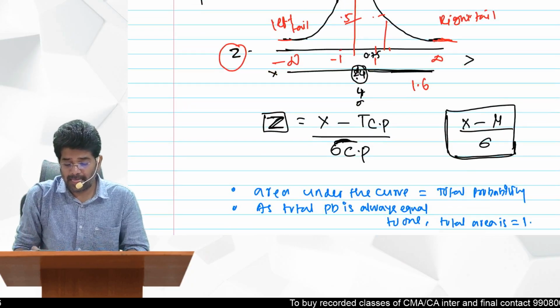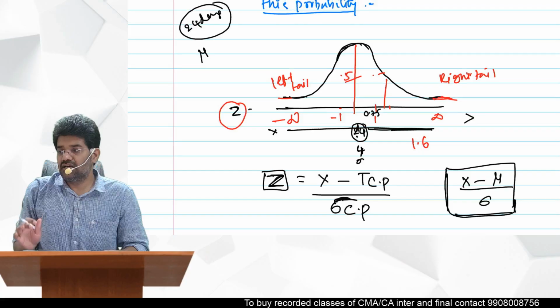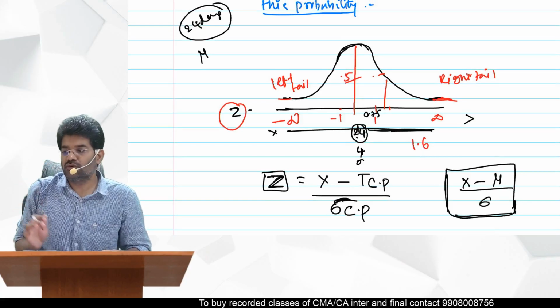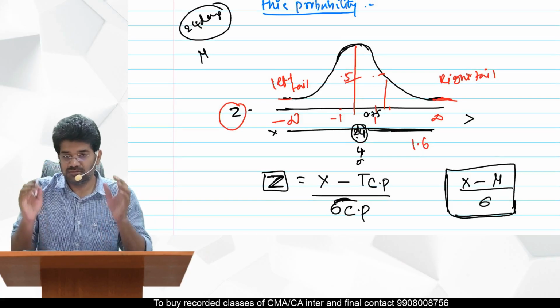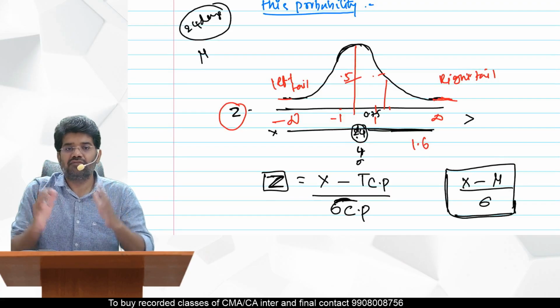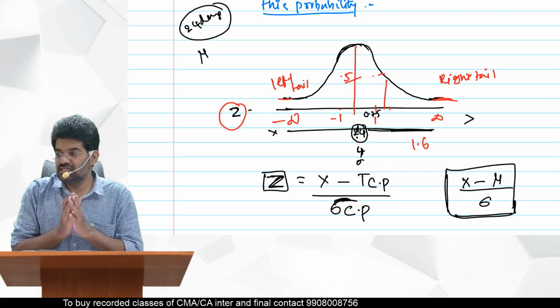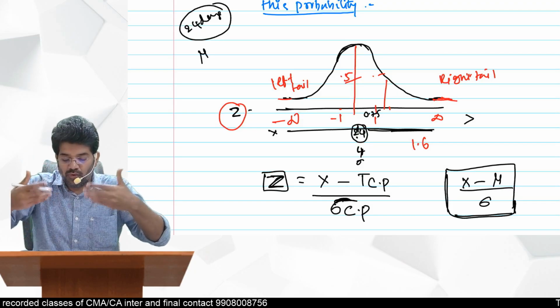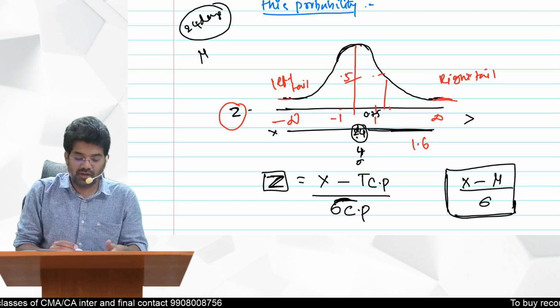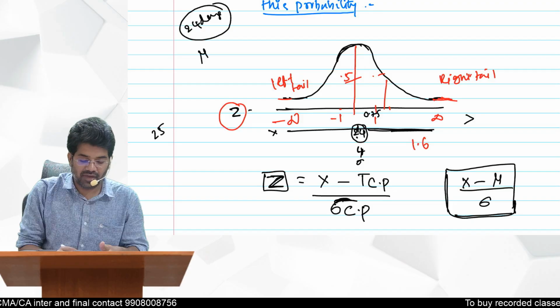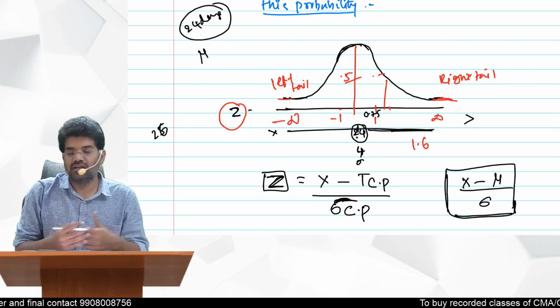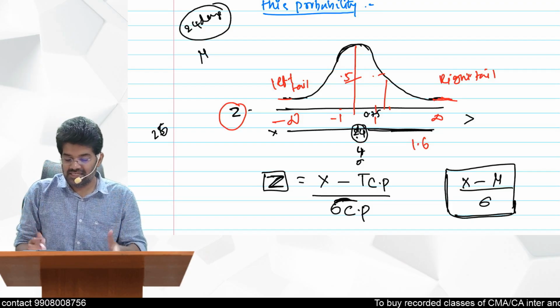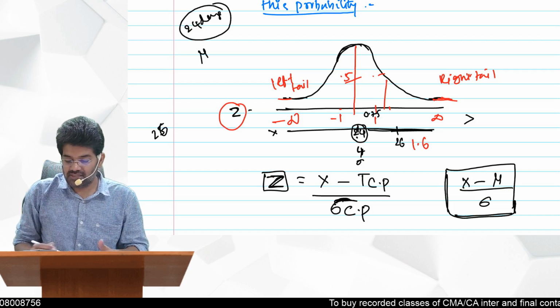Now to calculate the probability, first you need to calculate the Z value. What Z represents is the number of times your value, whatever value you want. Say, for example, what is the probability of project completion in 25 or 26 days? So 26 will stand here.